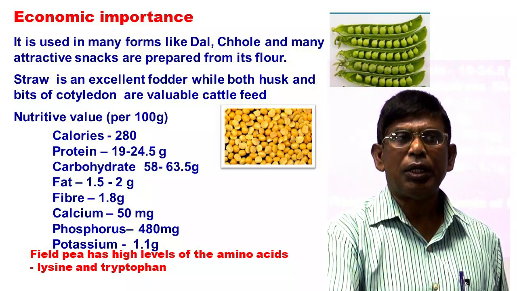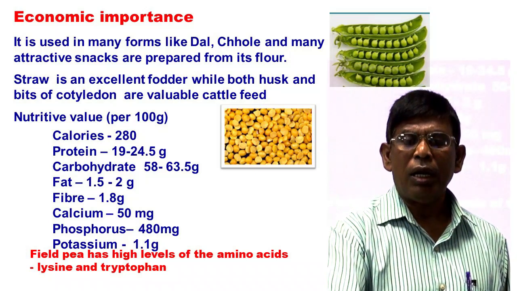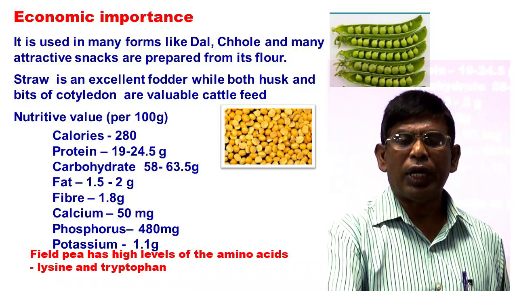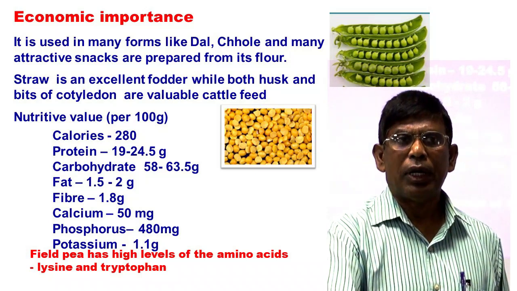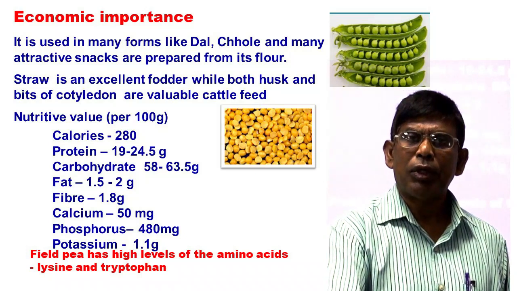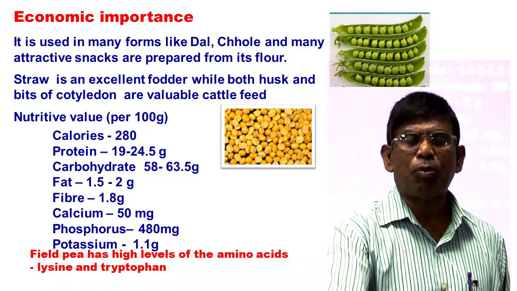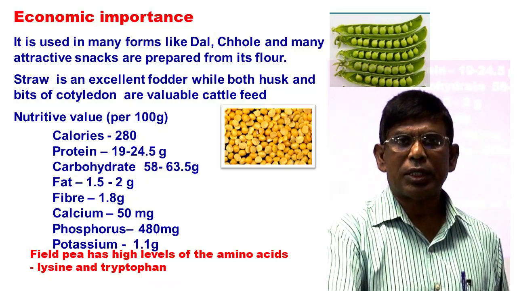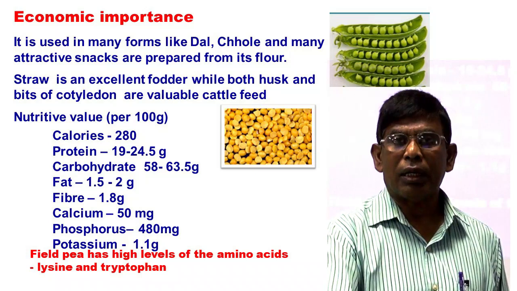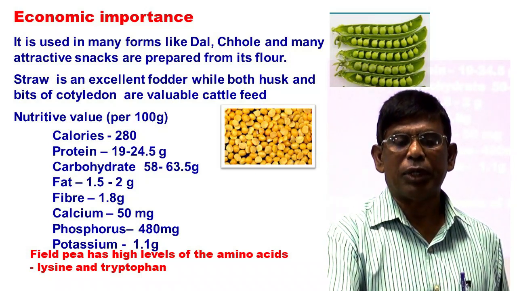It is usually used as dal as well as in spicy food dishes like chole, and many attractive and tasty preparations can be made from its flour. Straw after harvesting of pods can be used as very good fodder, and its husk and bits of cotyledon can be used as valuable cattle feed.